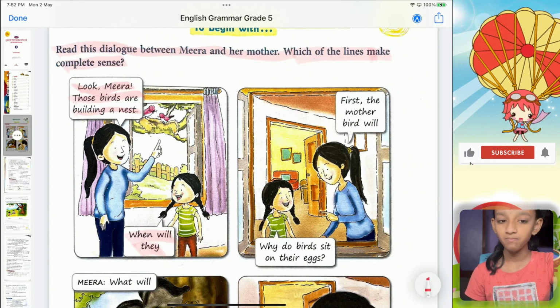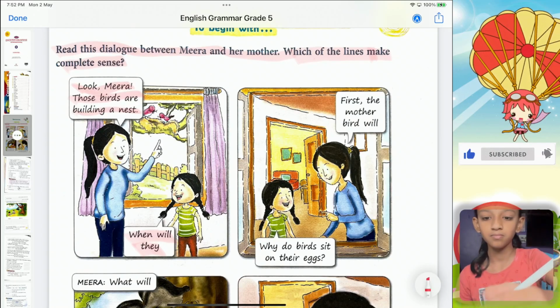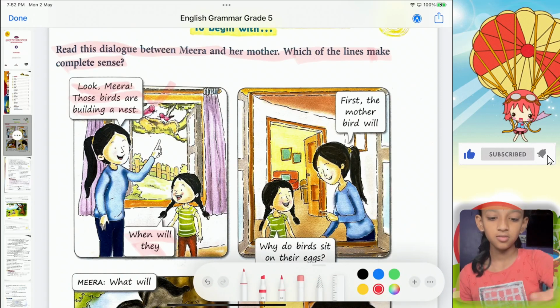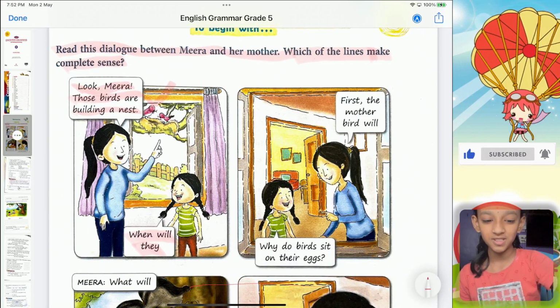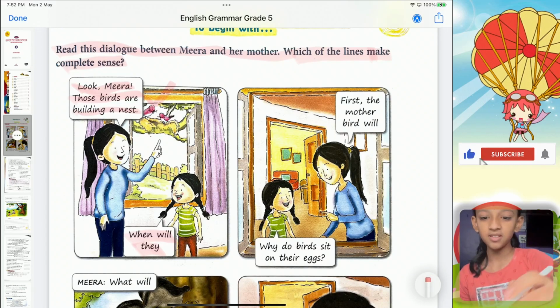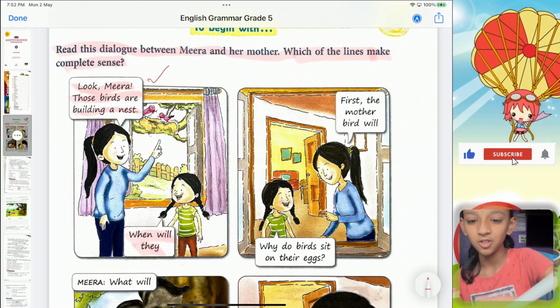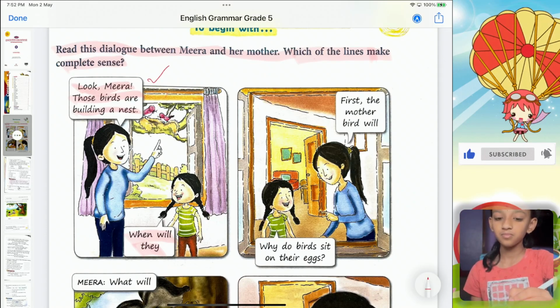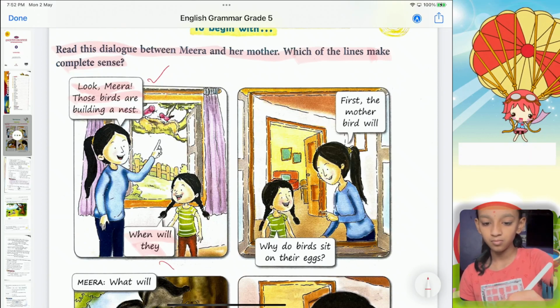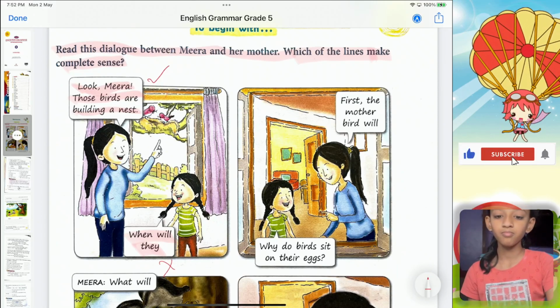So you put a tick mark to whatever mom is saying, in the white space. You can put a cross mark for whatever Meera is saying because it does not make sense.